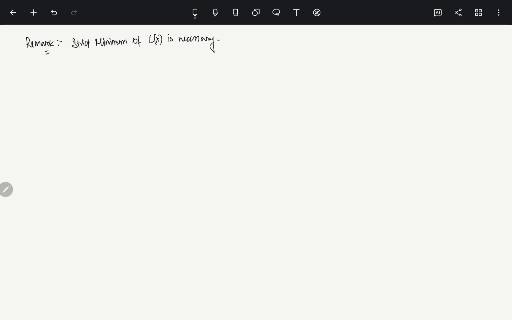To show that this is necessary, we have to give a counterexample. Consider this system: x prime equals y, y prime equals minus x. Clearly the origin is an equilibrium point, and 0, 0 is the only equilibrium point.